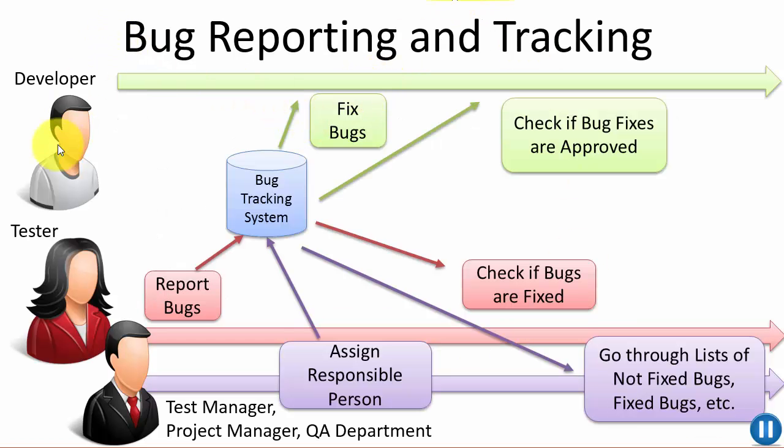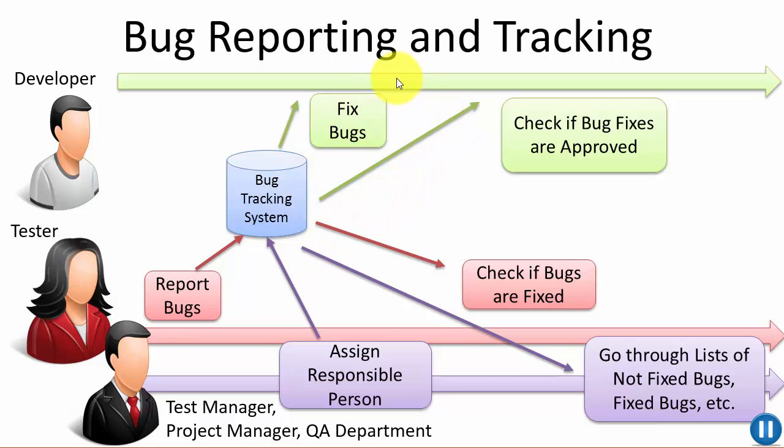Here we see an example of how the different roles in a development team use the bug reporting and tracking system. So we have the developer, we have one or more testers, and we have a project or test manager, and the tester typically reports the bugs into the bug tracking system. The test manager could assign the bugs to a responsible person, and then the developer gets a list of bugs he needs to fix.